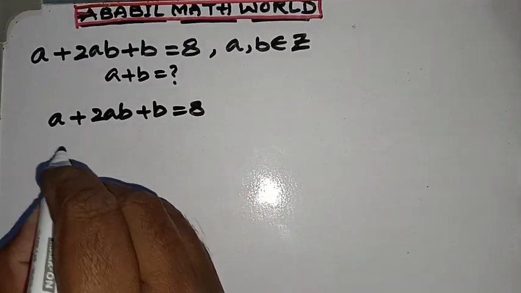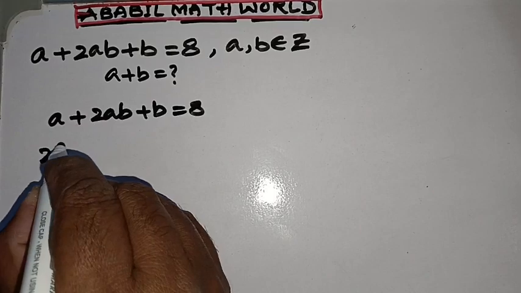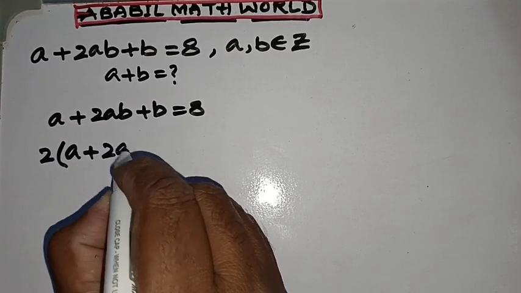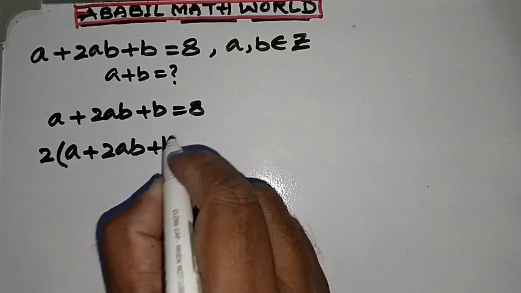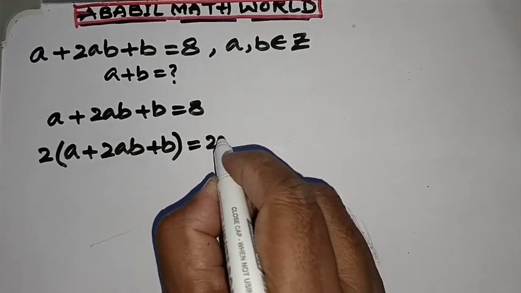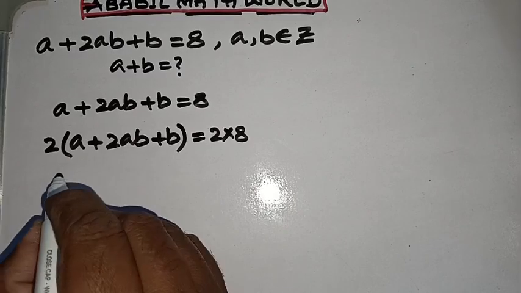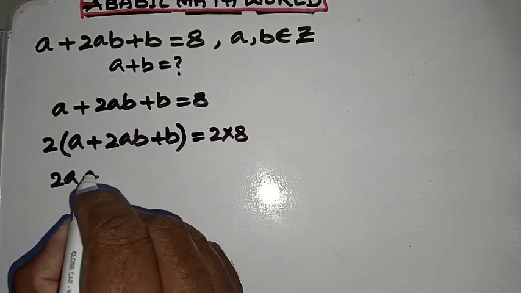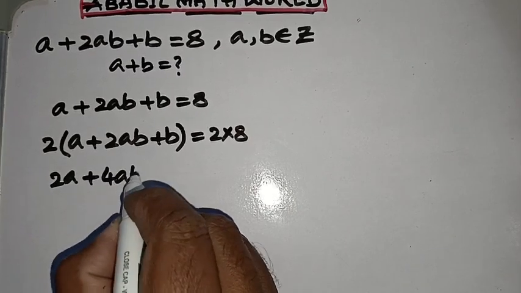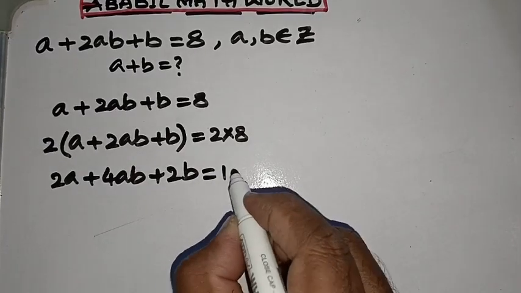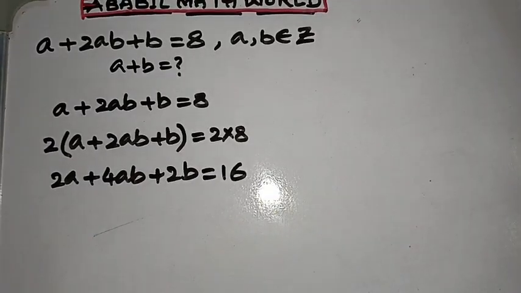Multiplying by 2 on both sides, 2 into (a + 2ab + b) = 2 into 8. Multiplying by 2, 2a + 2 into 2, 4ab + 2b = 2 into 8, 16.